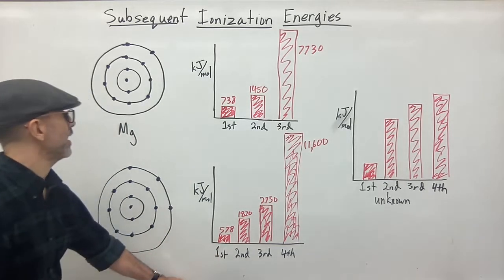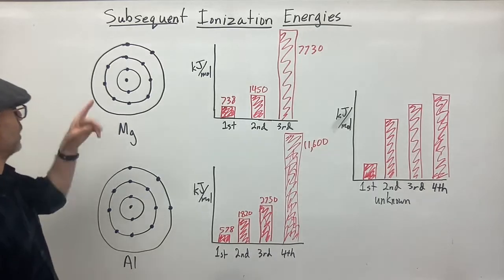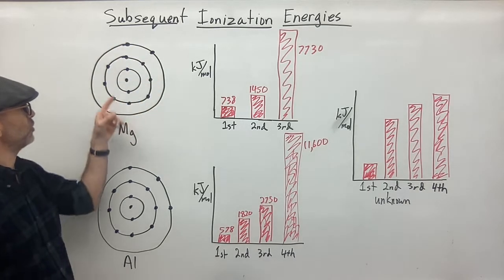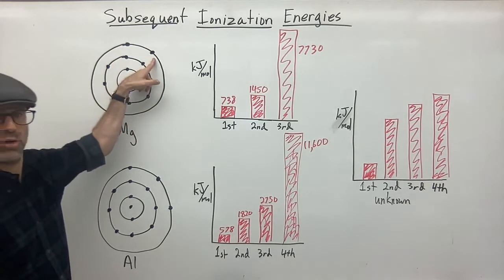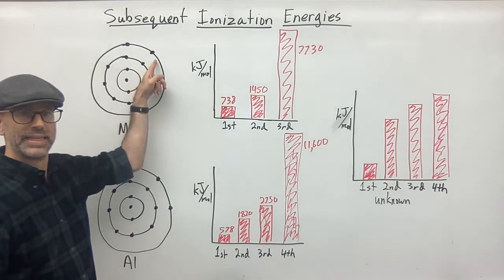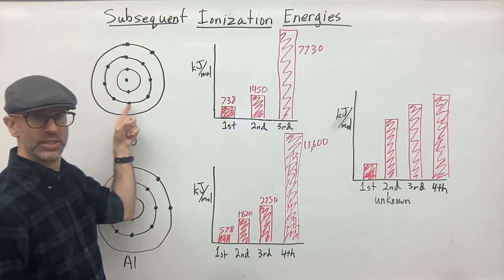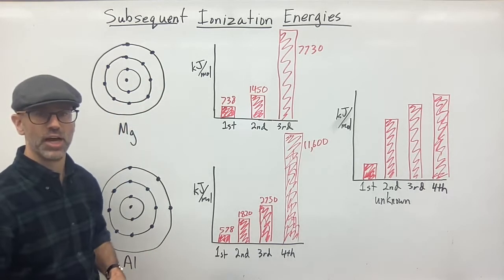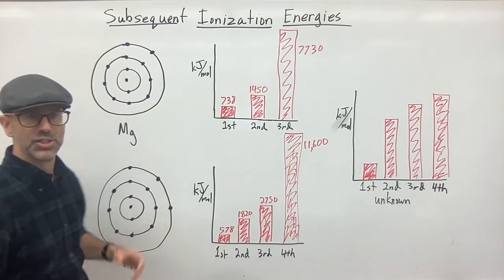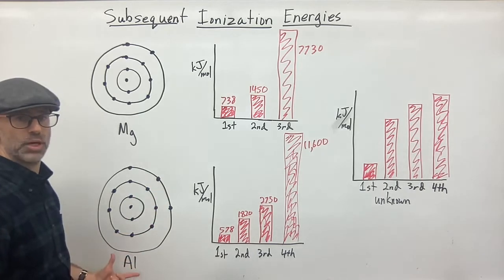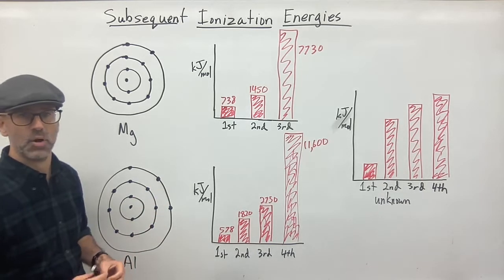Here I have magnesium, and here's the Bohr model for magnesium. You'll see that magnesium has two valence electrons in its third energy shell, and then it's got these core electrons in the second and first shell, respectively. And then I have aluminum down here. We'll get to aluminum in a moment.